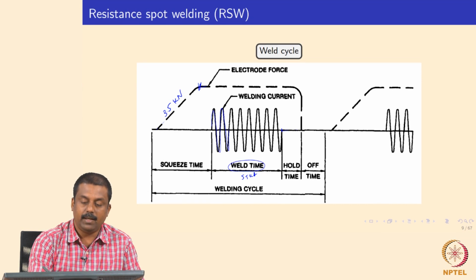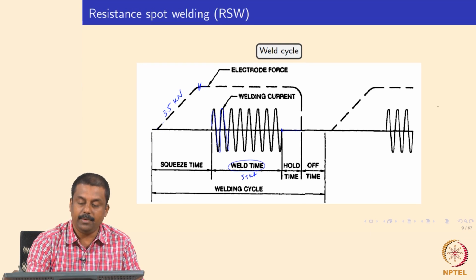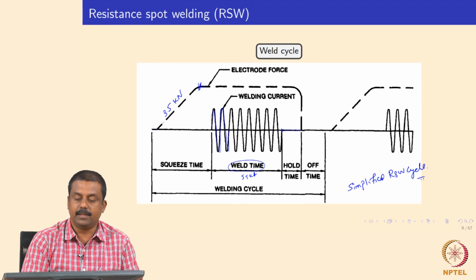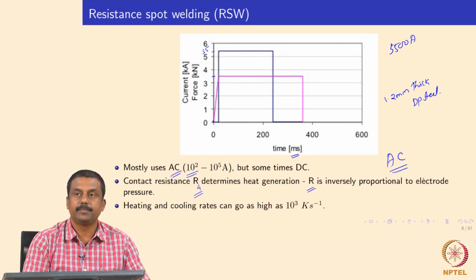After that we take the electrodes back, move to other positions, and the cycle continues. So this is a very simplified thermal cycle, the RSW cycle, which we showed schematically in the previous slide.